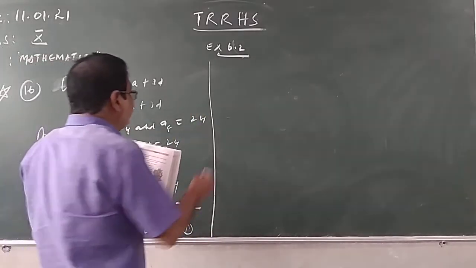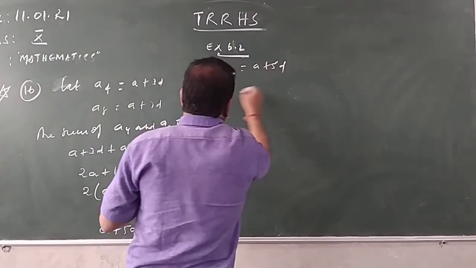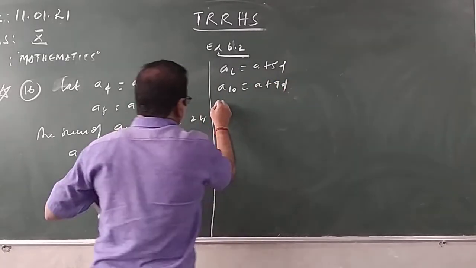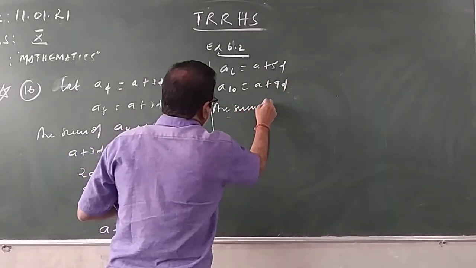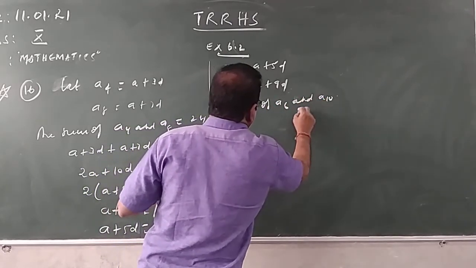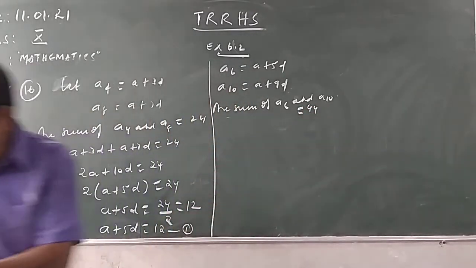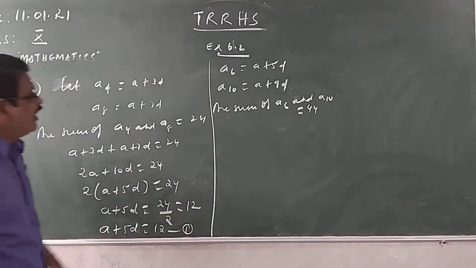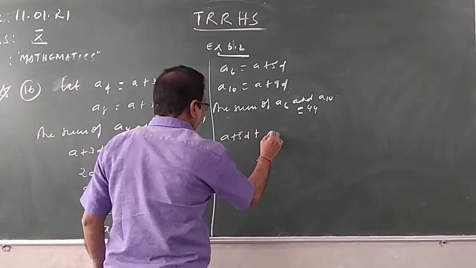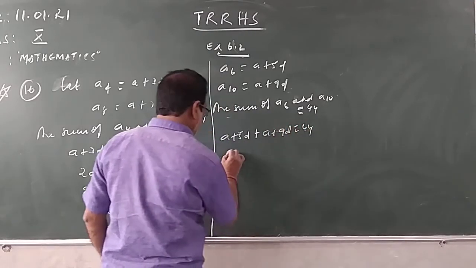Now the sum of the 6th and 10th terms. a6 is a plus 5d, a10 is a plus 9d. The sum of a6 and a10 is 44. Adding both, a plus 5d plus a plus 9d is equal to 44.